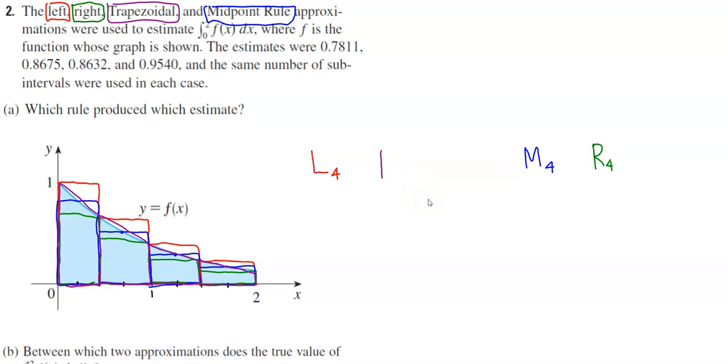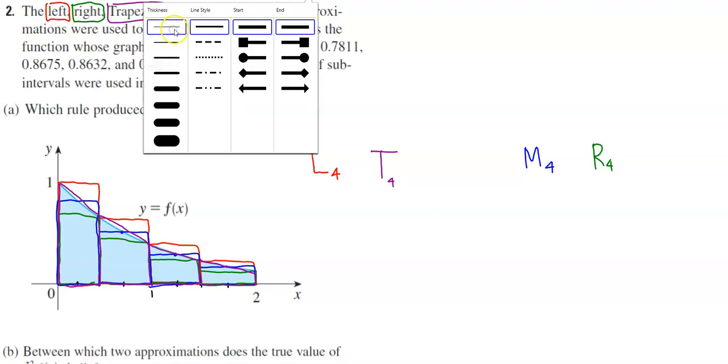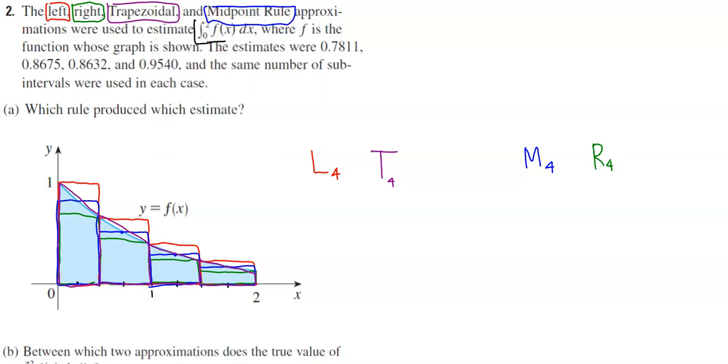Now the last thing that we need to take a look at is the actual function. Looking at the function, which is this integral here, we can see that this is the function and it is concave up. Now, the estimation is a little bit below the trapezoidal rule, but it is greater than the midpoint and the right estimates.